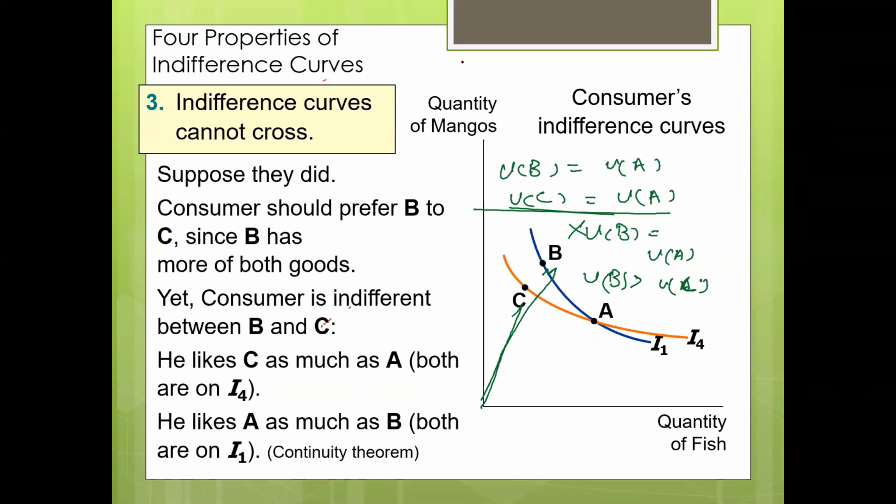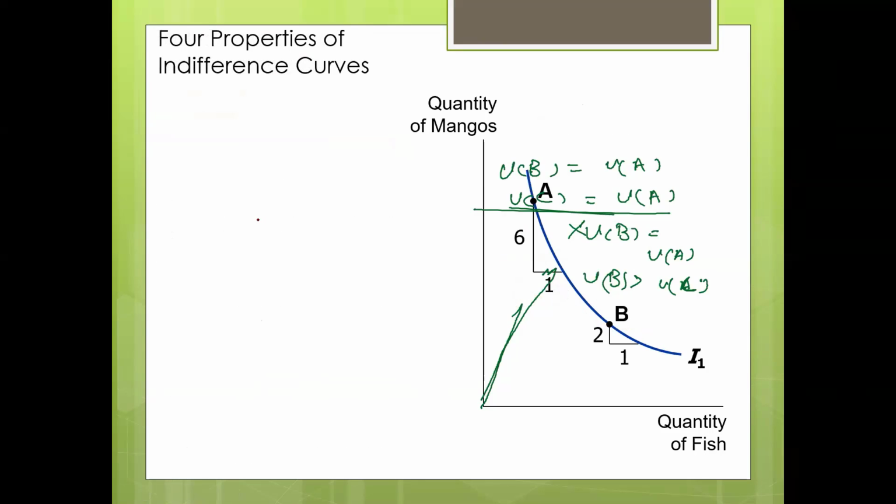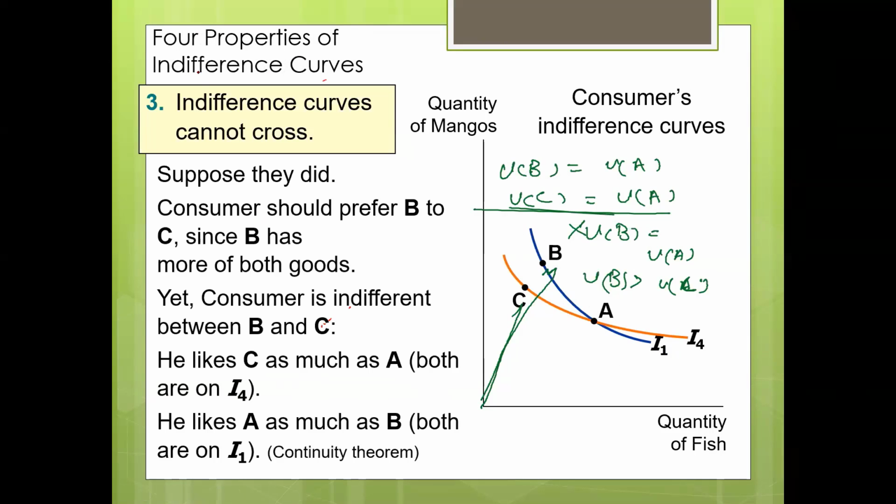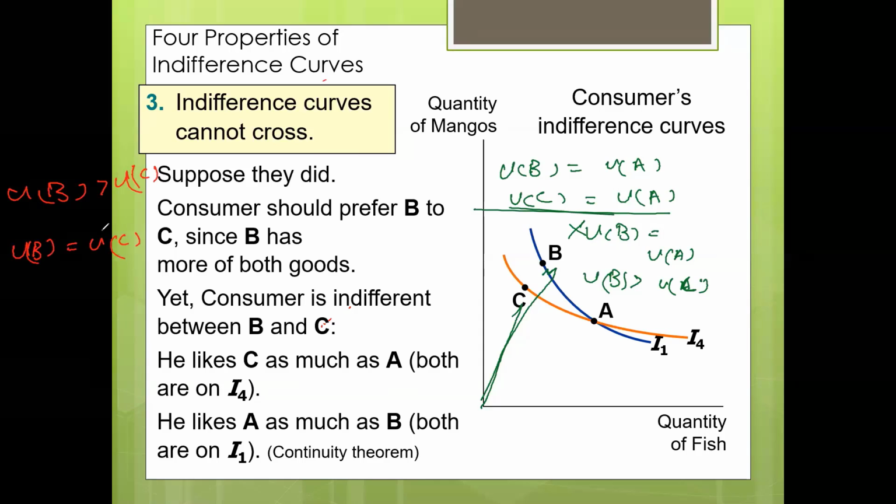So the first property is that utility from B is greater than utility from C. The second property is that utility from B is equal to utility from C. Okay, so both are not equal, both cannot exist at the same time.